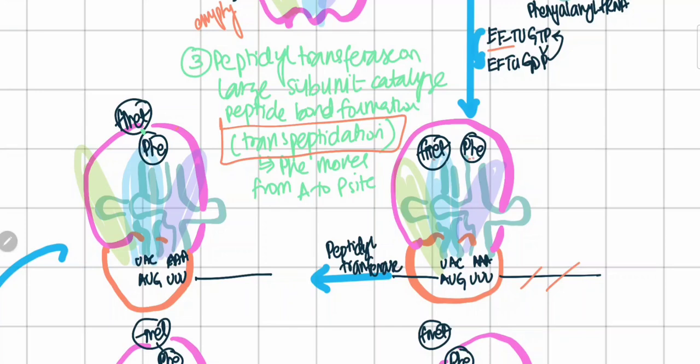And when this peptide bond forms, this phenylalanine will shift from A site to P site. You see here it has been shifted from purple to blue, from A site to P site. Remember, the transfer RNA is not shifting, only the amino acid is shifting. This is called transpeptidation.